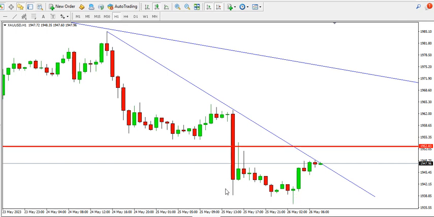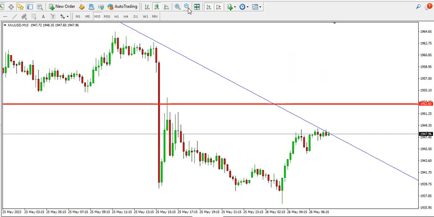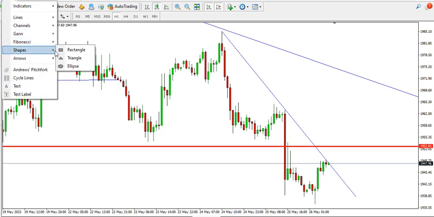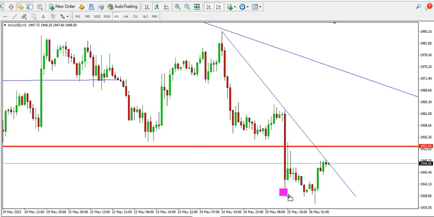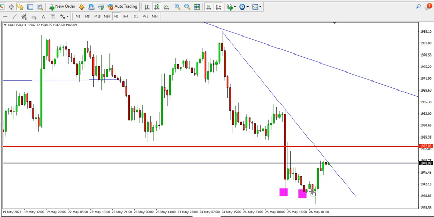We have this, can I call it triple bottom? Let me call it triple bottom. Okay, on the 1-hour time frame, we have this bottom. Okay, it's low, a shadow, and we have another bottom and yet another one, triple bottom, and you can see what price is currently doing.